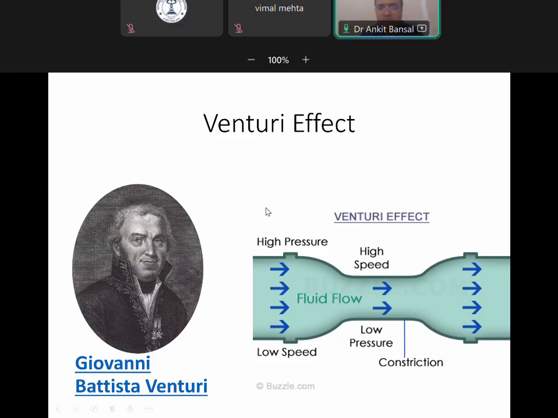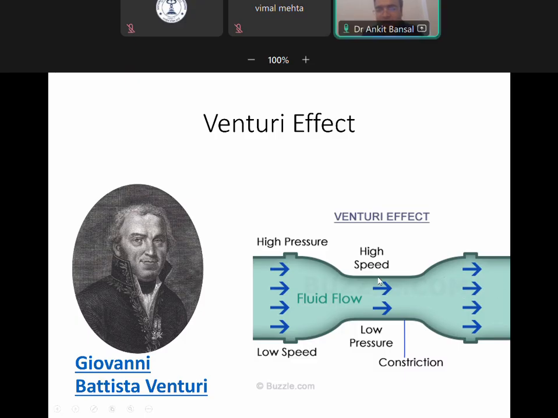So what is the simple Venturi phenomenon? We have a high pressure chamber which is the RV. This is the pulmonary artery. This is the area of constriction, the pulmonary valve. Our catheter is placed here. So the flow is in this direction. Our catheter is looking away from the direction of the fluid flow. That's why there are very low pressures here.